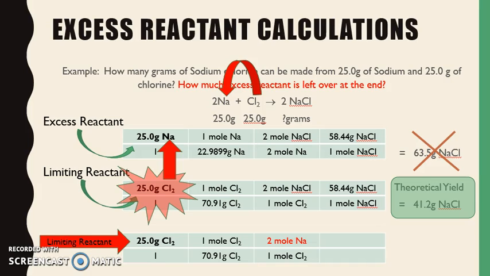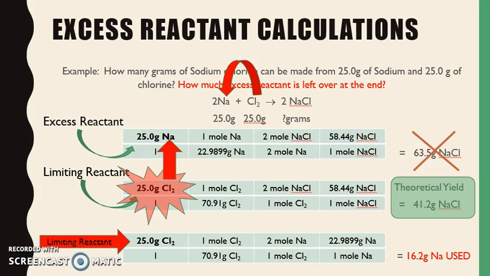Those are the numbers in front of the coefficients from the balanced chemical equation. All I have left to do is to convert that back into grams, exchanging 1 mole of Na for 22.9899 grams. And let's solve. So again, we took our limiting reactant and we calculated to grams of excess reactant.